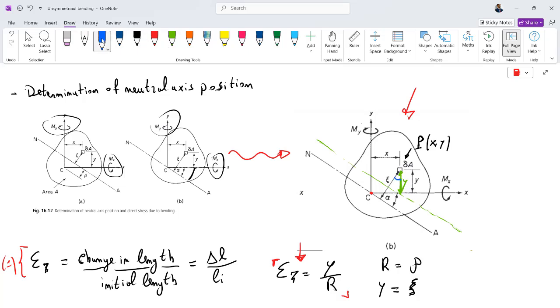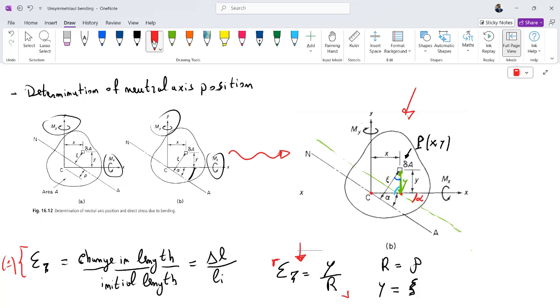This angle in light blue is 90 degrees. But we can note that this is the alpha angle, because the green axis is simply the neutral axis displaced to this point highlighted here.